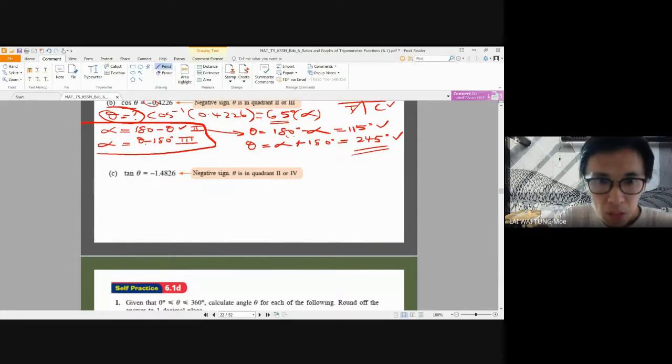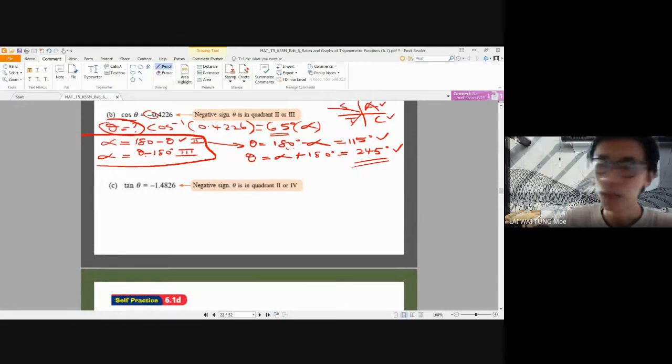Okay, let's try one more question. Everyone try. First of all, what we do is determine the quadrant. So tangent, yang dibagi tangent bernilai negatif.